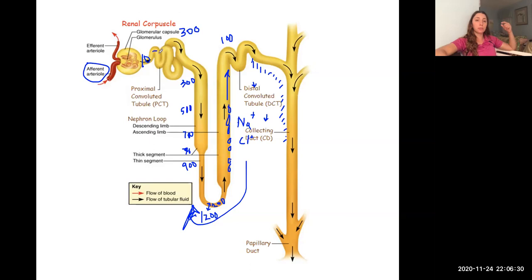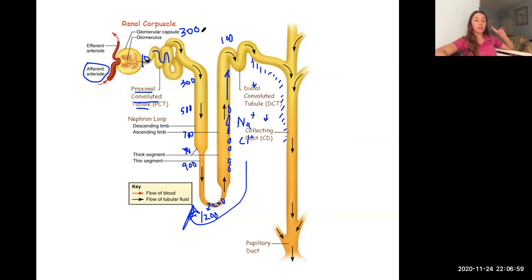Once it's out into the proximal tubule, it's called the tubular filtrate, and that's what it is all the way up until it gets into the renal papilla. Then it's called urine. In the proximal convoluted tubule, the most important thing is that it reabsorbs the majority of the filtrate, about 65% of it.